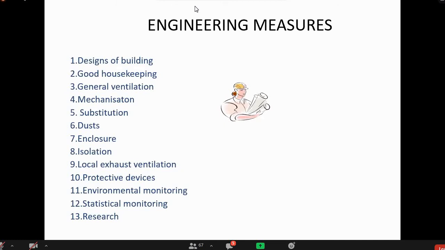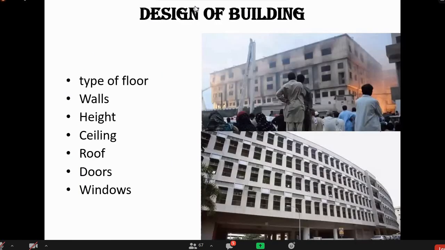Now the engineering measures. Engineering measures include the design of the building. It is important how the types of floors and wall height are.